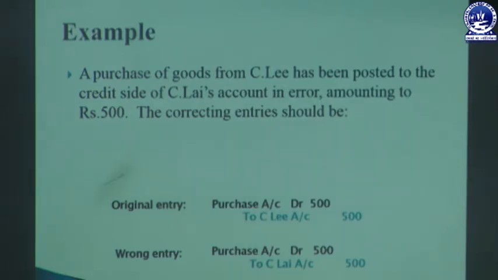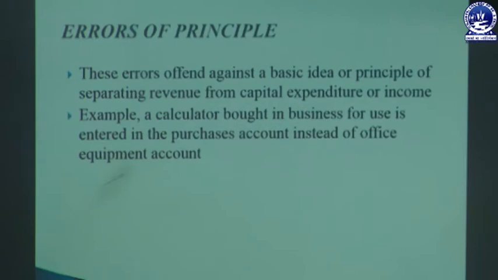So when goods are purchased from C Lee, the original entry is purchase account debit to C Lee account, that is 500. But the wrong entry credited C Lie's account instead of C Lee's, and that error is called an error of commission.